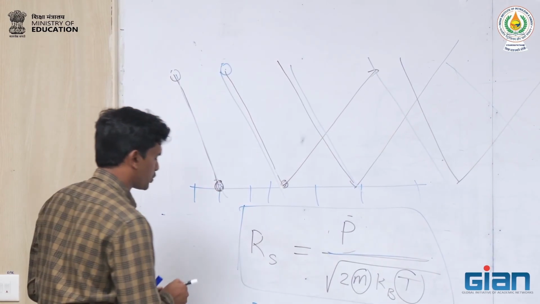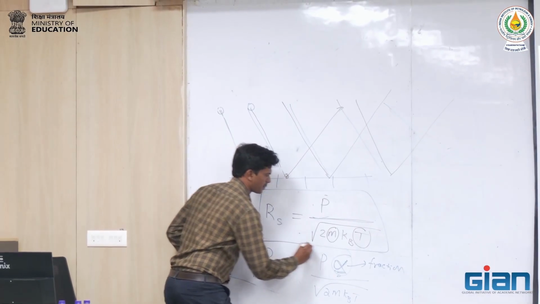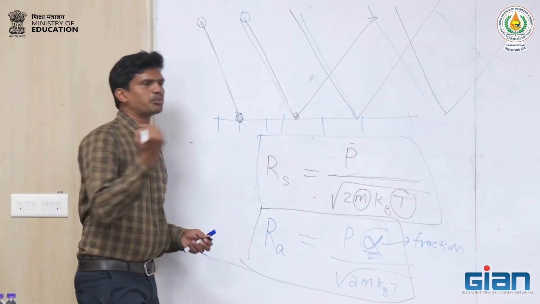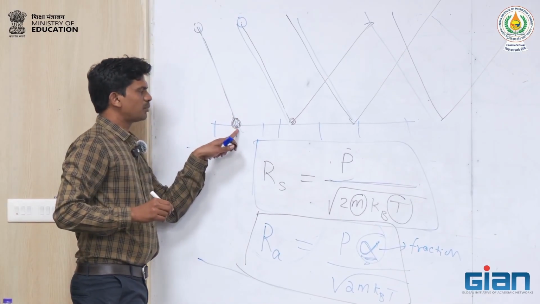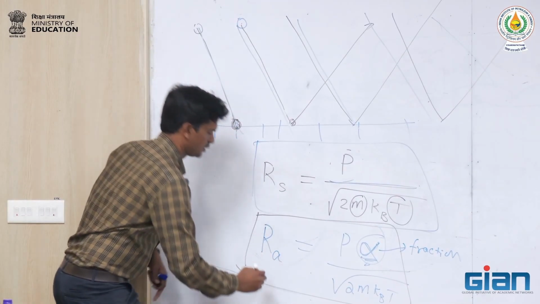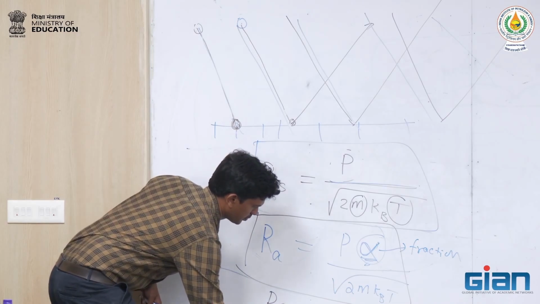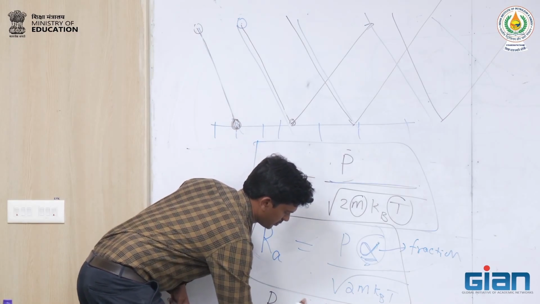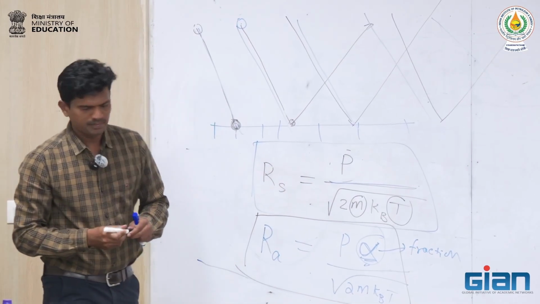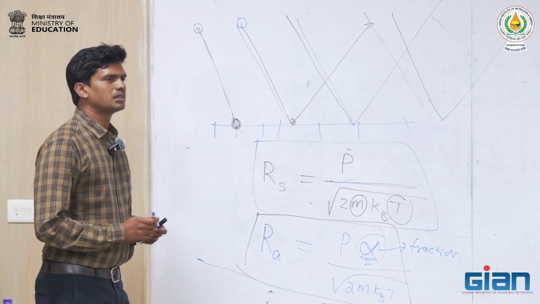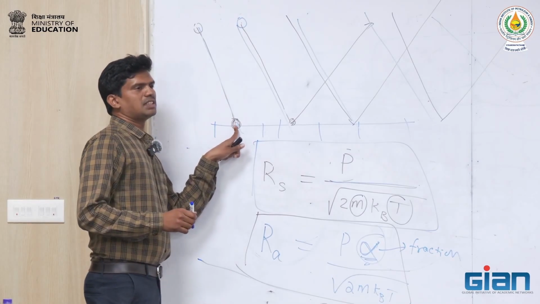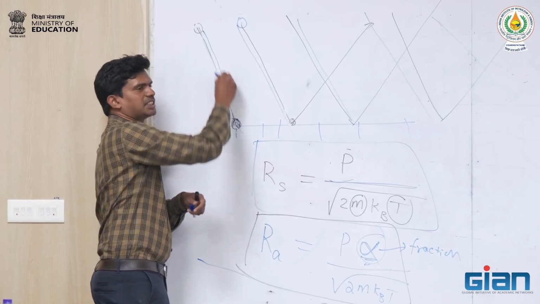So this may be true for the first molecule. The first molecule comes and sits here. But what about the second molecule? Because it's already filled, the second molecule cannot come and sit here.